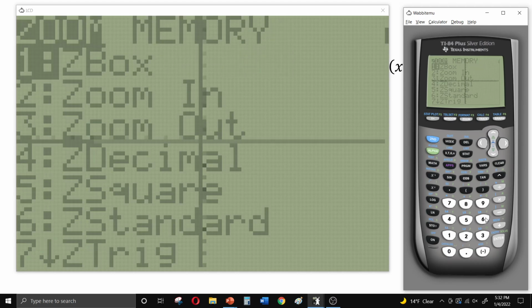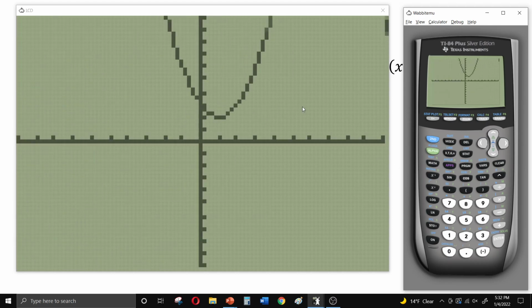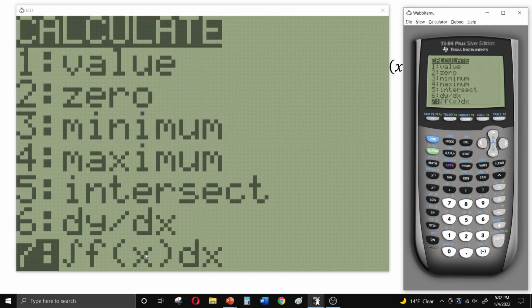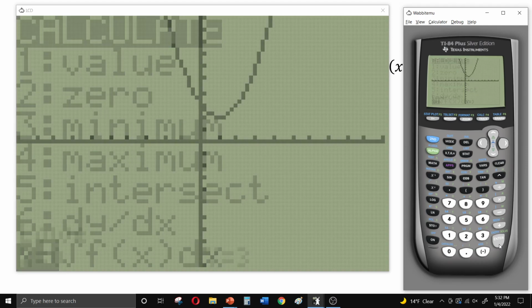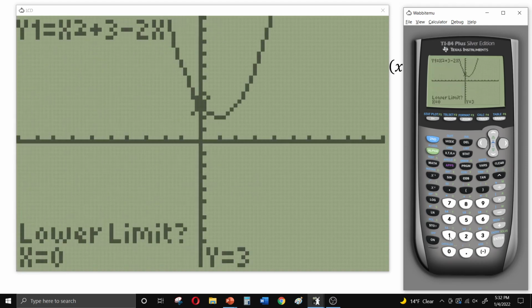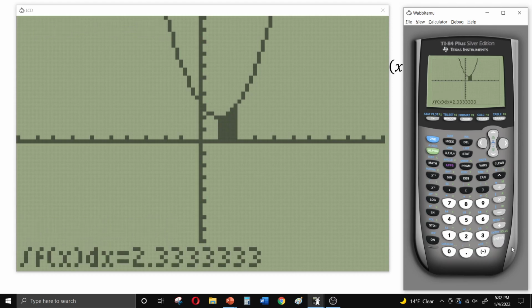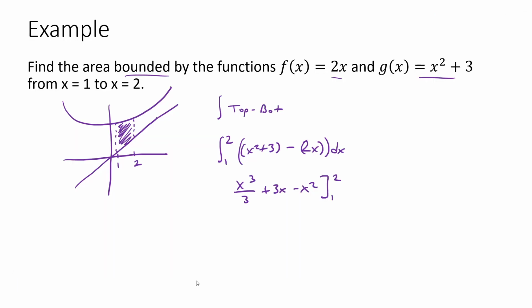Let's just zoom standard. Then press second trace, and then 7, integrate, and type in your bounds. We wanted to go from 1 to 2. It gives us 2.3 repeating, which I'm going to show you is actually the answer.